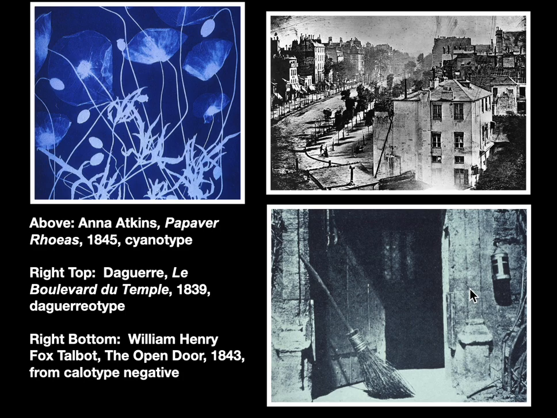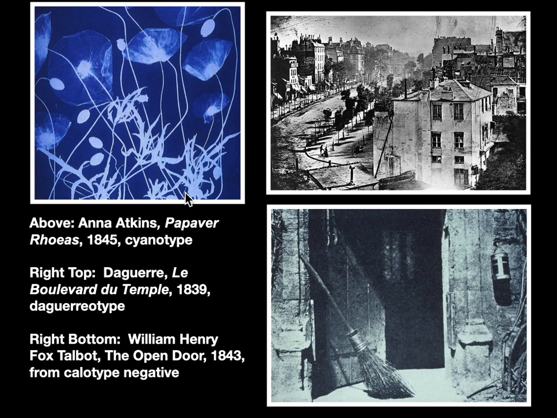If you've ever played with a photographic darkroom, you're probably familiar with what's called a contact print. Essentially, you take some found objects and lay them on top of a light-sensitive piece of paper, or a piece of paper that has been treated with light-sensitive substances, and you expose that paper to light.